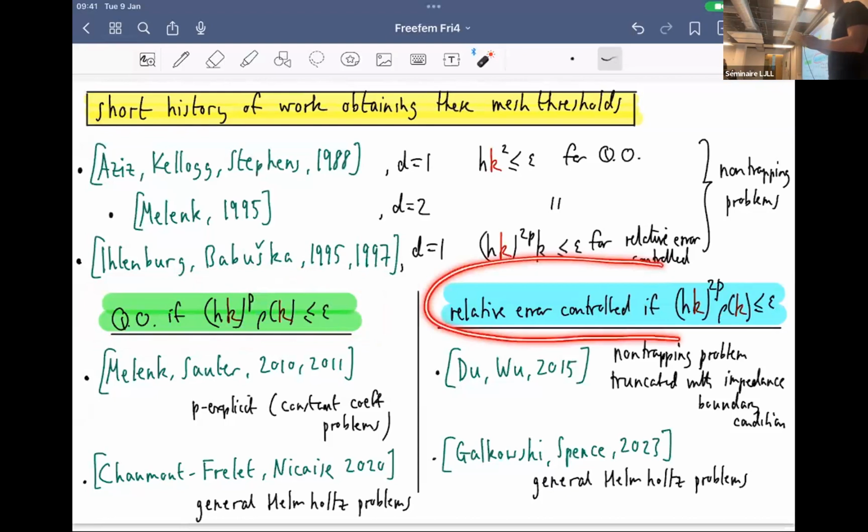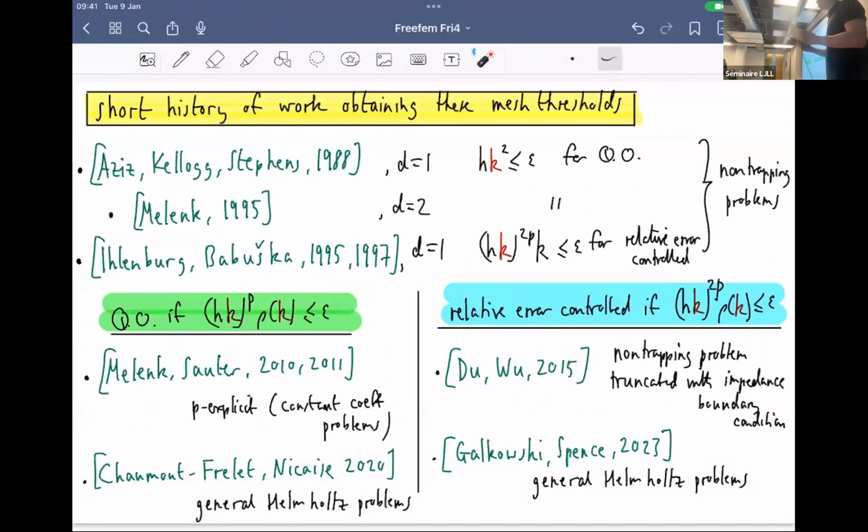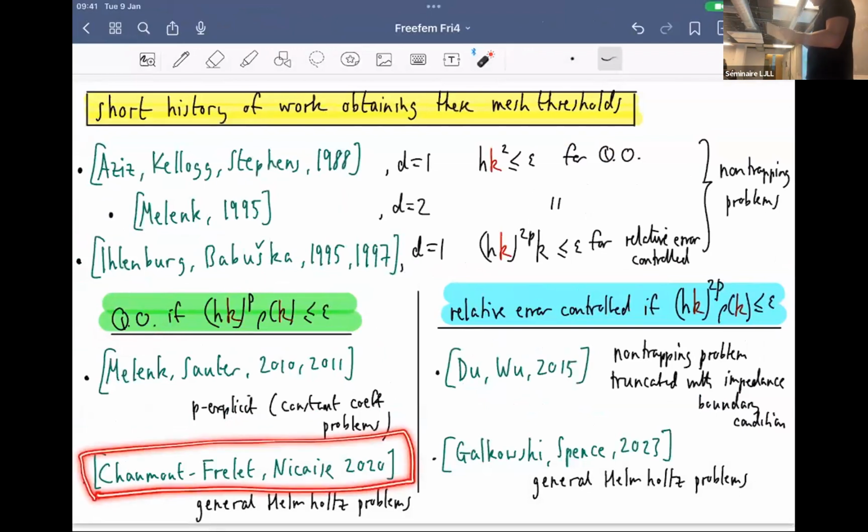And one thing to say is that for these two different thresholds, the threshold for quasi-optimality and the threshold for the relative error, only very recently were these actually proved for general Helmholtz problems. The quasi-optimality result was proved a few years ago by Théophile Chaumont-Frelet and Serge Nicaise. And when I say general Helmholtz problems, I mean you assume your sesquilinear form is continuous, you assume it satisfies a Gårding inequality, you assume you have elliptic regularity, and then you prove the result.